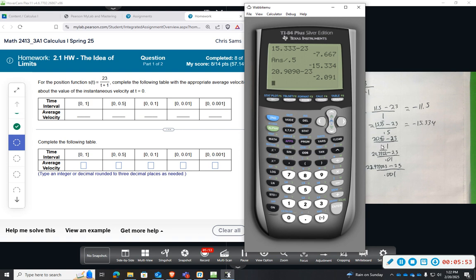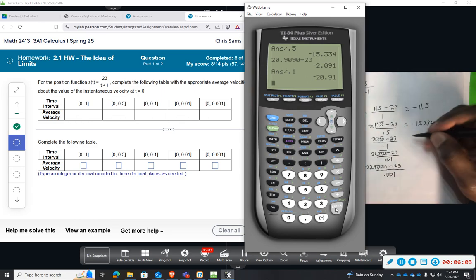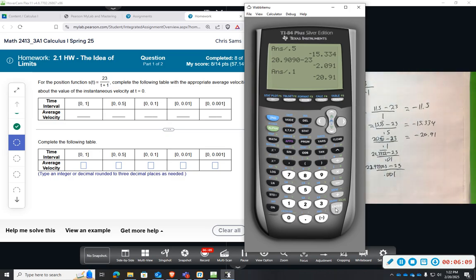We're going to divide that by 0.1. That gives us negative 20.91. And then we had 22.7722 repeating.